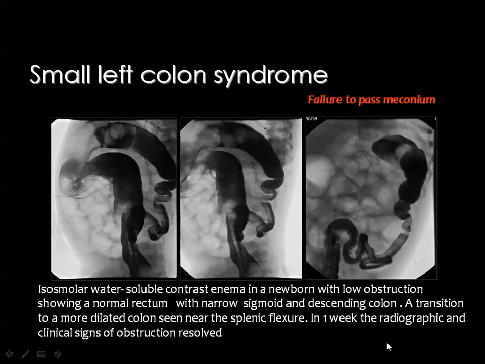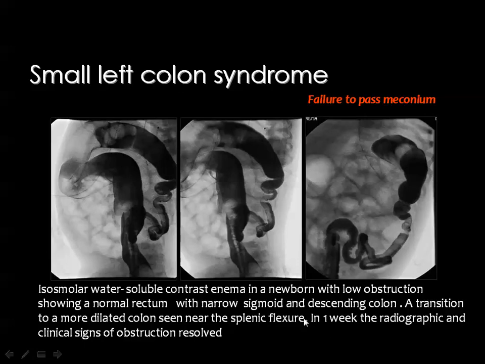Then you came to what's known as small left colon syndrome. Small left colon syndrome means that a segment of the colon, usually the rectosigmoid colon, is small, while the rest of the colon looks within normal or slightly distended.